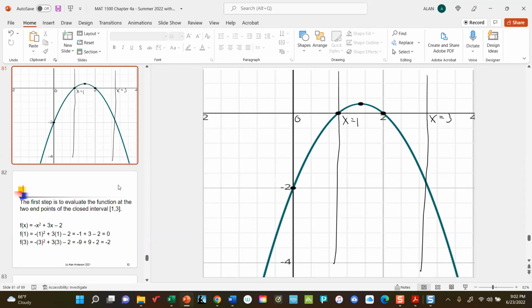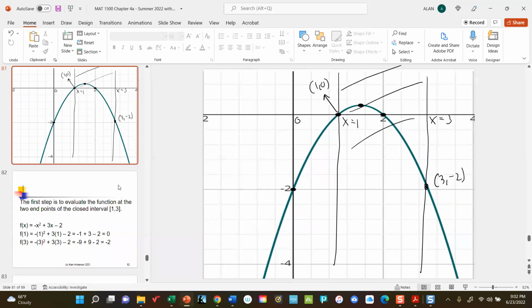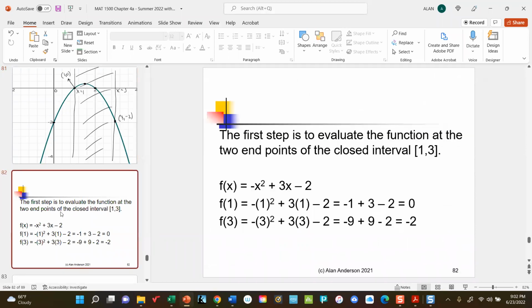So in other words, this is the horizontal axis right here. So that means this one is easy. This is just 1, 0. And then this one, it looks like it's supposed to be 3, -2. So we're only interested in this region here. So anyway, if you actually go ahead and plug in these values into the function, yeah, there it is. It did work out that way. So the 2 points of interest are 1, 0 and 3, -2.